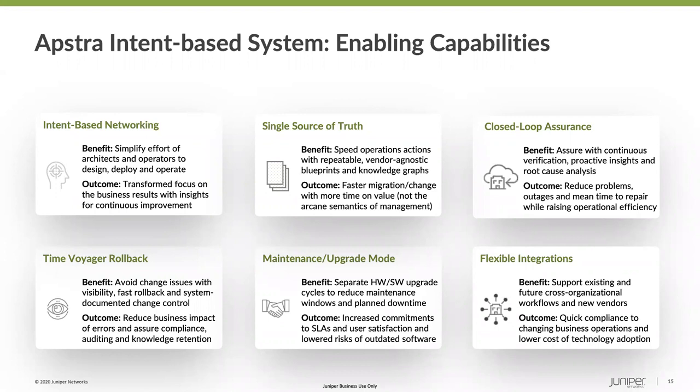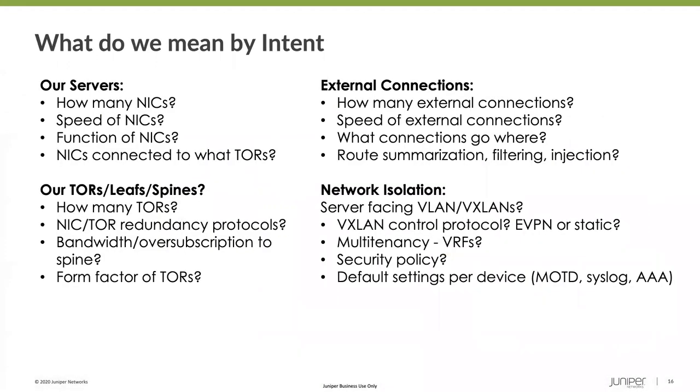But before we show that, it's important to understand what we mean by an intent. This is even more detail on what we with Apstra mean by that, and I think it's quite easy to understand from a networking point of view. First of all, how many spines and leaves do I want? What kind of interface is it, 10 gig, 40 gig, 100 gig, whatever?